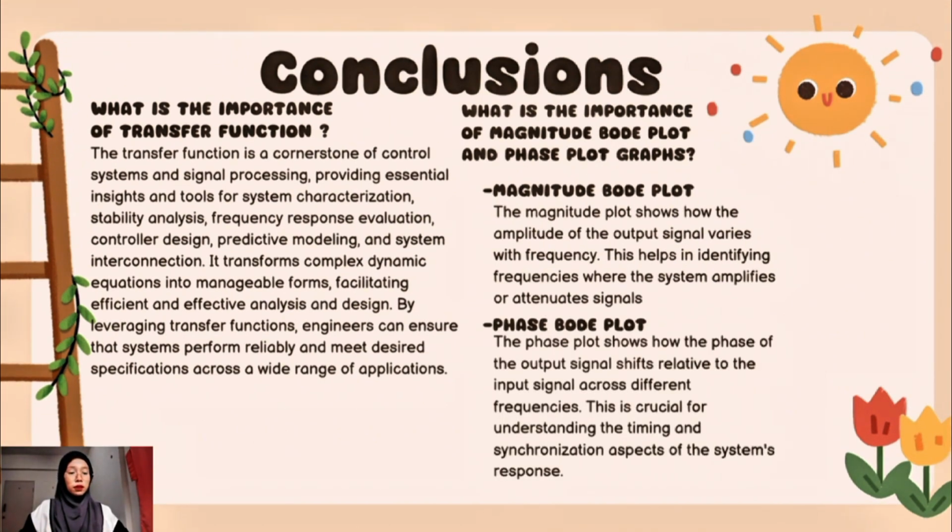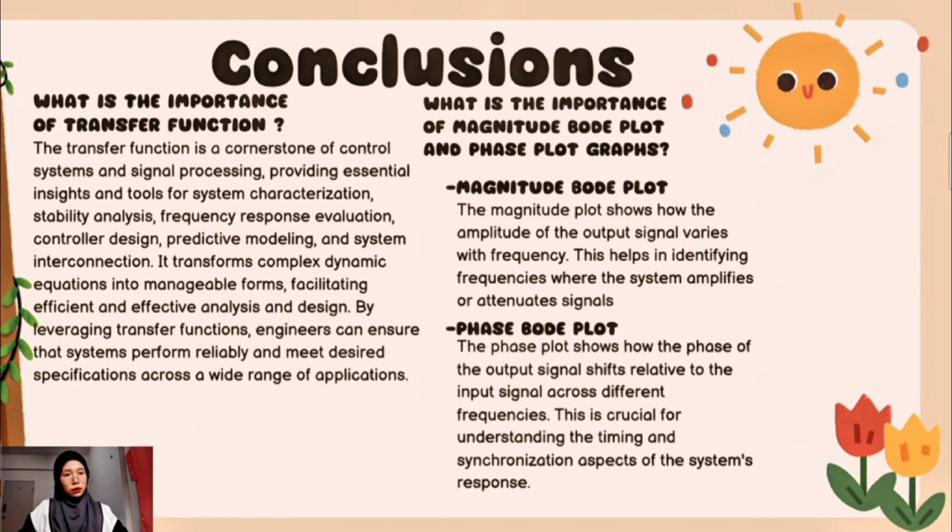While phase Bode plots show how the phase of the output signal shifts relative to the input signal across different frequencies. This is crucial for understanding the timing and synchronization aspects of the system response.